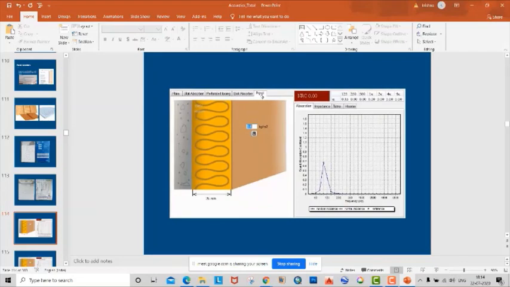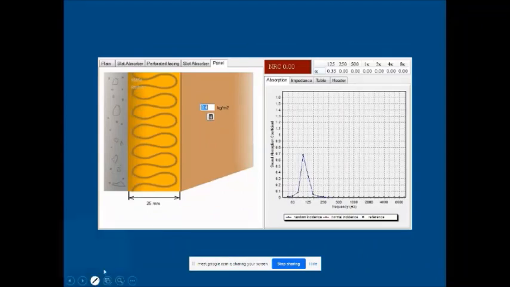You can see the panel, we can choose slot absorber, perforated facing, or slat absorber, or we can have plain. So you can choose various types of material, and by default many materials are provided. Let me do the full screen.